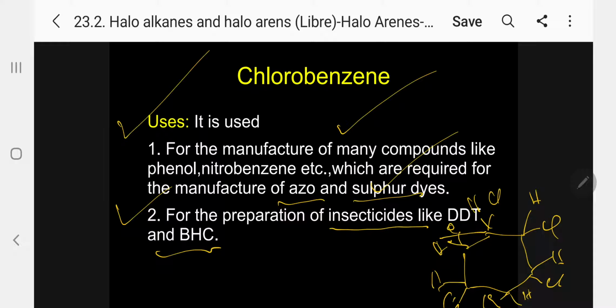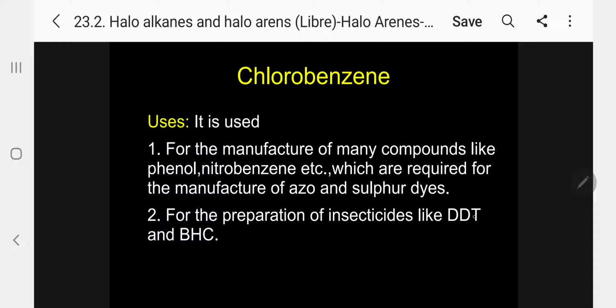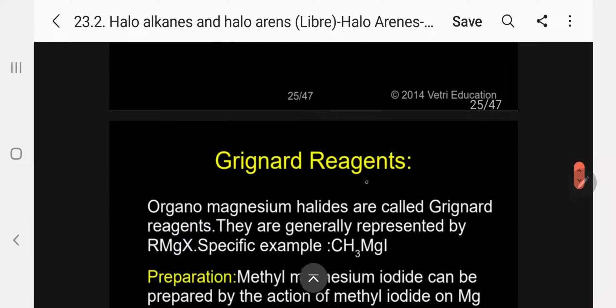In all the 6 carbon atoms, this chlorine is substituted. Benzene hexachloride. So what will happen now? In this case, the hydrogen atom is substituted by chlorine, so there will be no hydrogen. That is how benzene hexachloride is formed. Kindly follow.